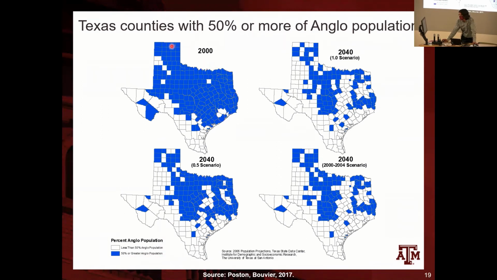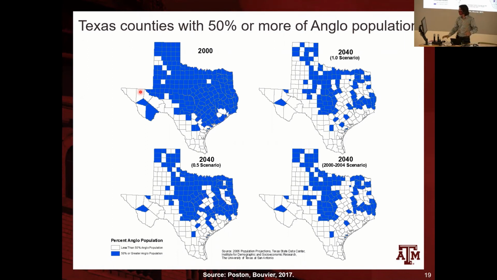And you see in 2000, all these counties here have at least 50% of the population, and the areas closer to the border tended to have less than 50% of non-Hispanic white population.